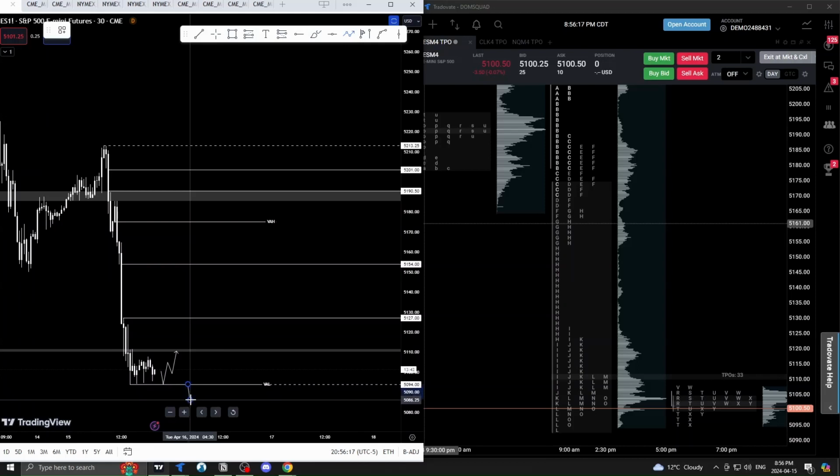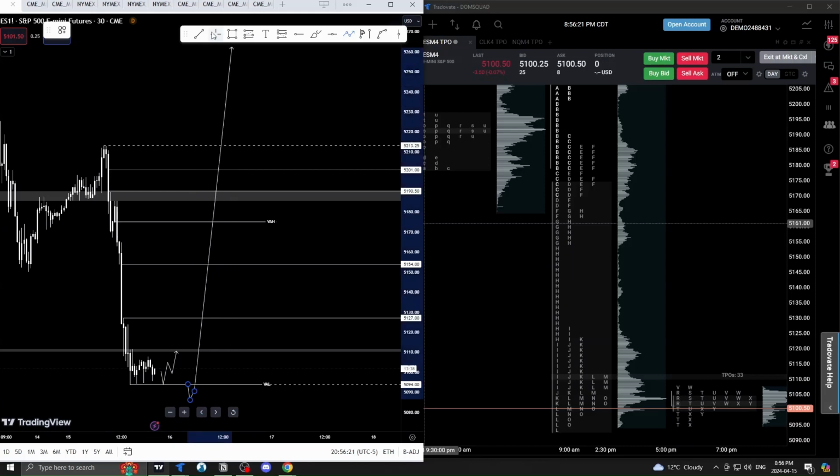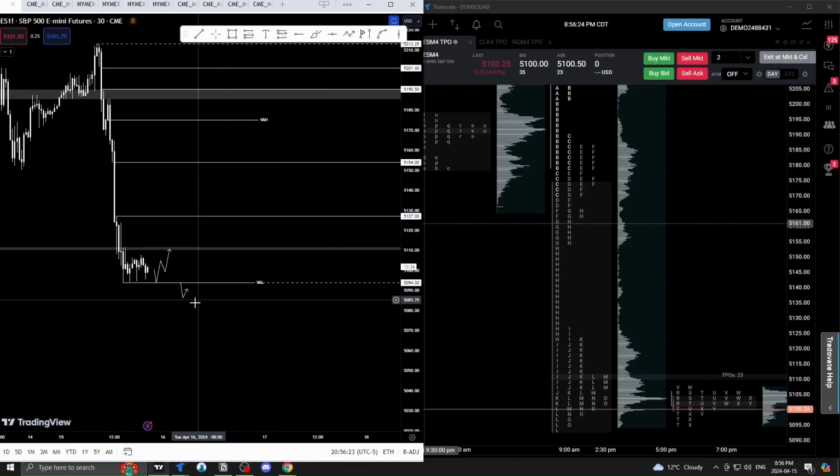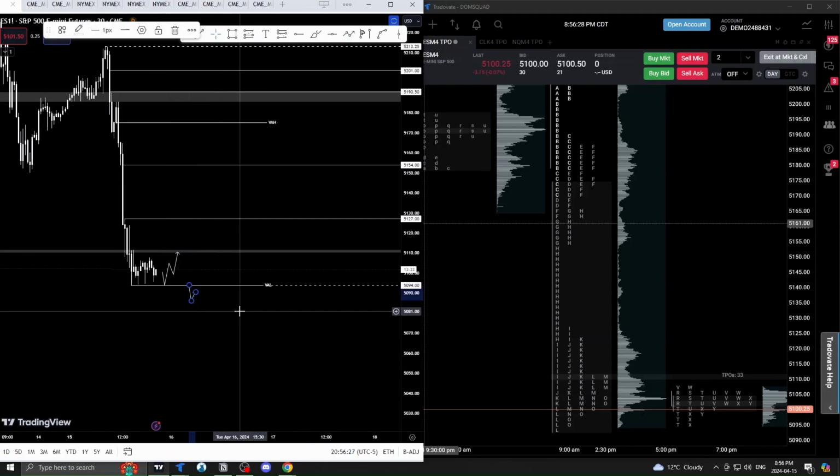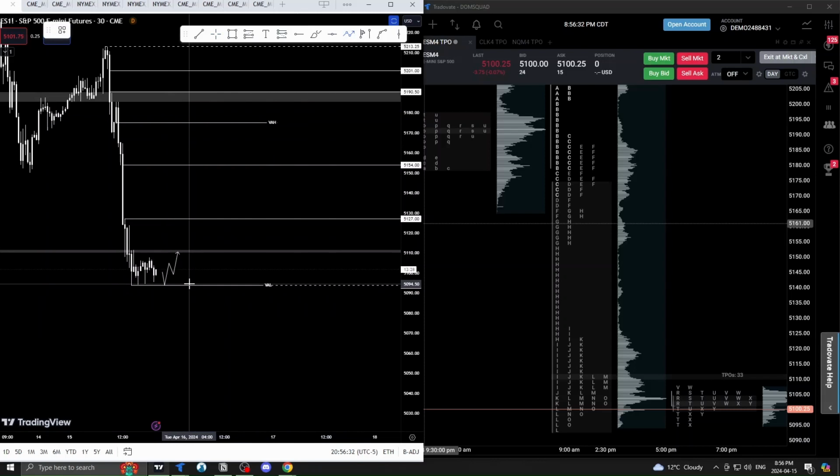A lot more likely, we get a push down, a break below the value area low and this poor low.